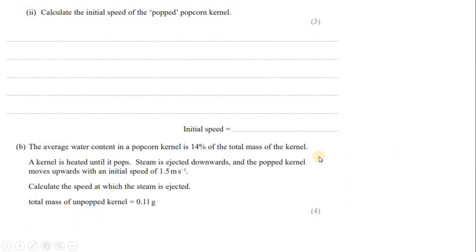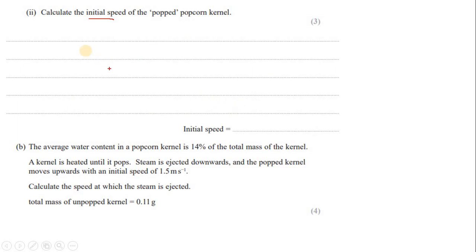Part 2. Calculate the initial speed of the popped popcorn kernel. So clearly you have the height and you have final speed 0, and you need to find the initial speed.